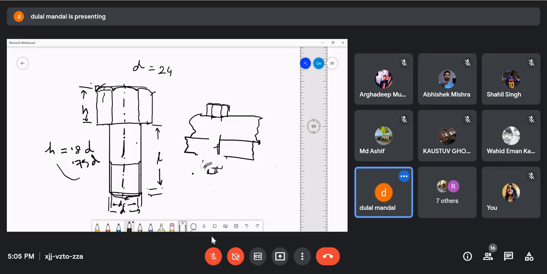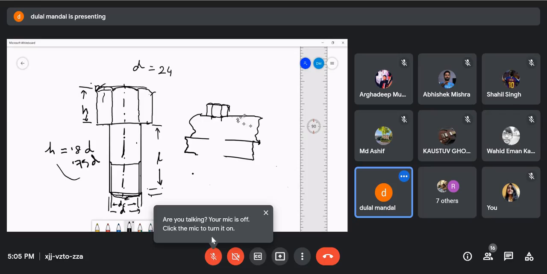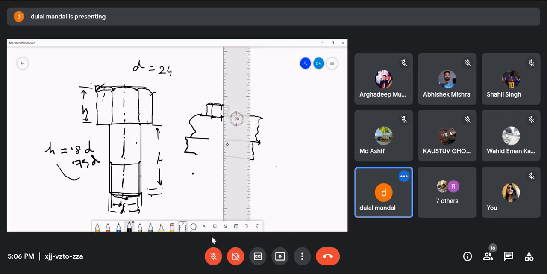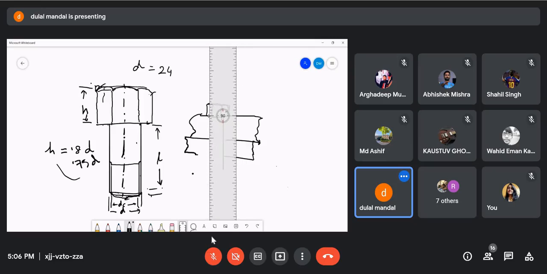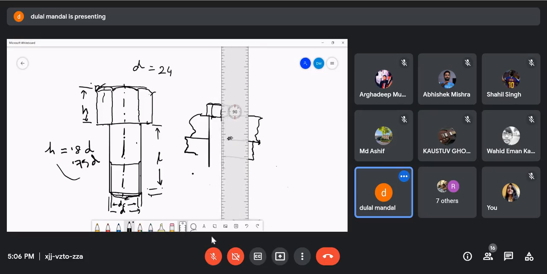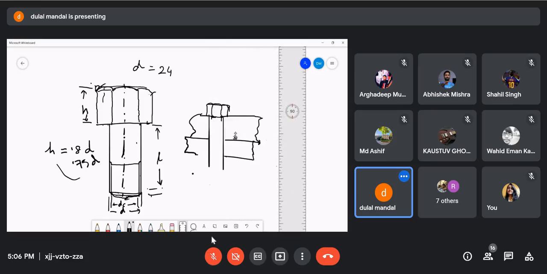I'll use the scale. Now this side is the nut.